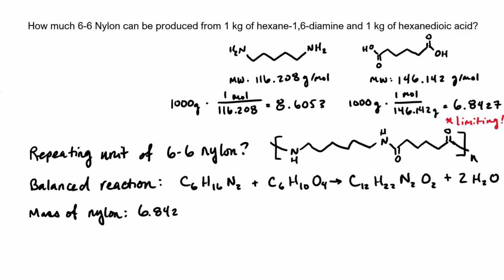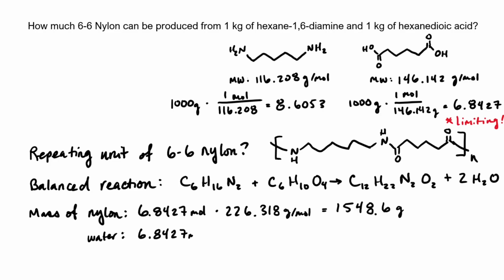Now we can calculate the mass of nylon, because we know the mass of the repeating unit is 226.318 grams per mole, and we find we've made 1,548.6 grams of nylon.